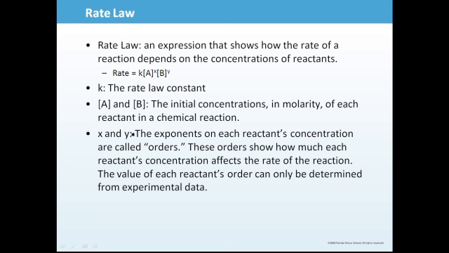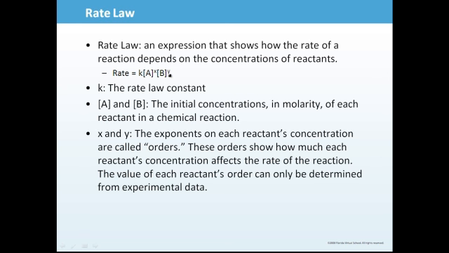Here's the formula for the rate law. Rate equals k times the concentration of A, that's what the square brackets mean, to the exponent or power of x, times the concentration of B, also to the exponent or power of y.